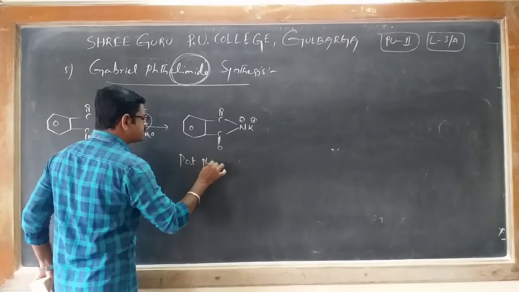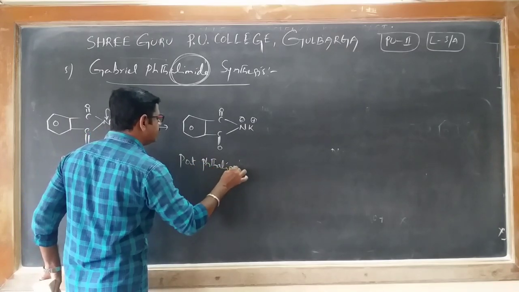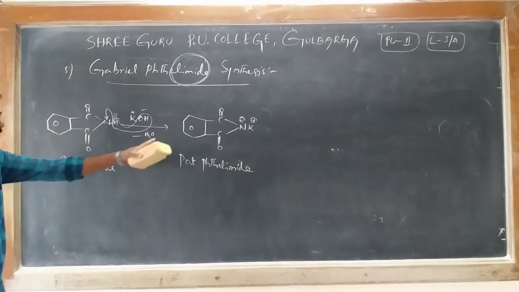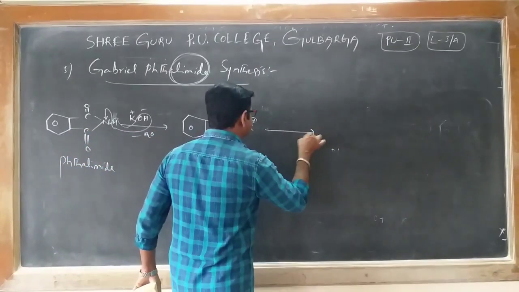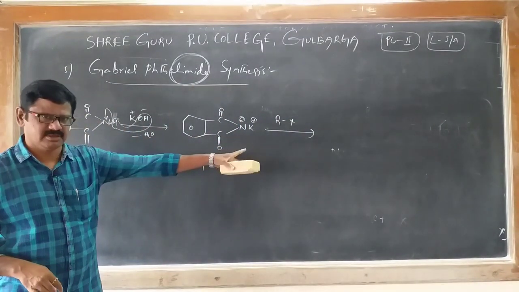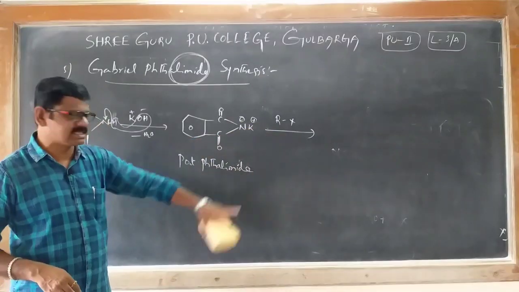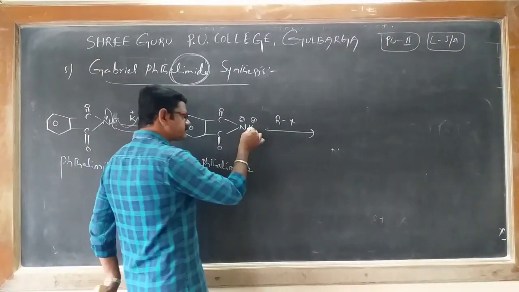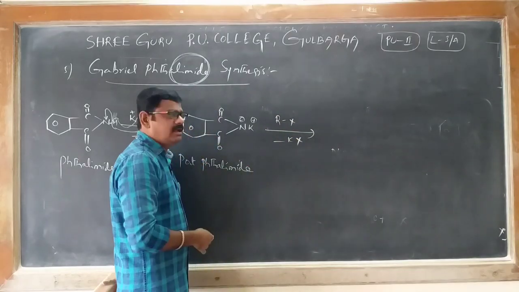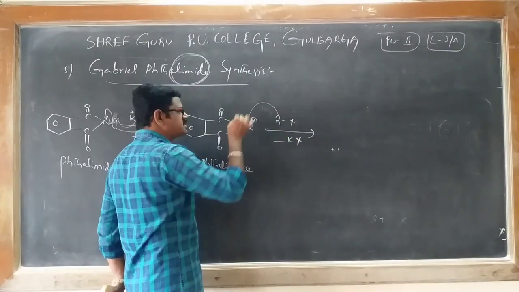Potassium phthalimide, which is a salt. This potassium phthalimide reacts with the alkyl halide. Important step: when potassium phthalimide reacts with alkyl halide, K plus X minus is eliminated as KX, and the alkyl group comes and substitutes.